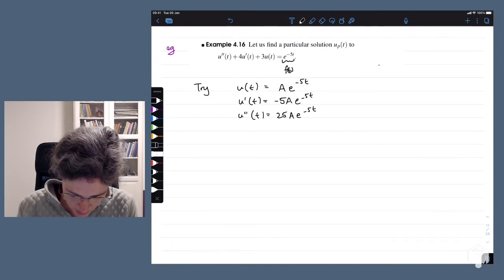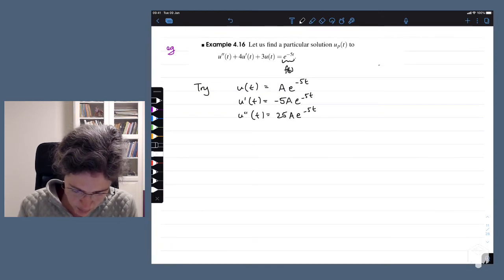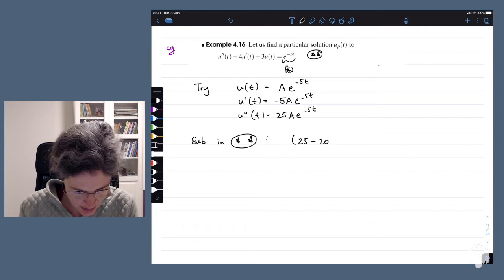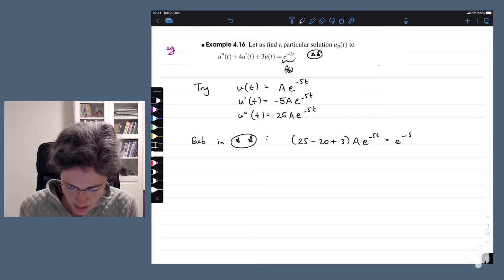And if you plug that all into, let's call this 2 stars so we don't get confused. What do we get? I'm going to do some pre-bracketing here, so you're going to get 25 minus 20 plus 3a e to the minus 5t is equal to e to the minus 5t.